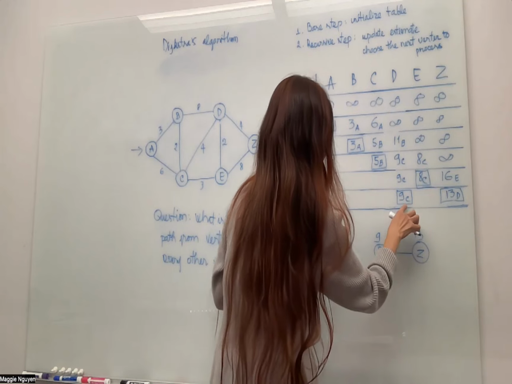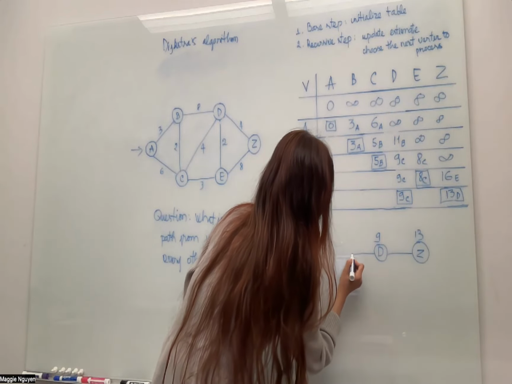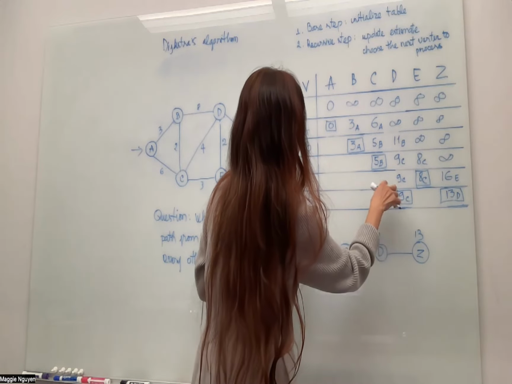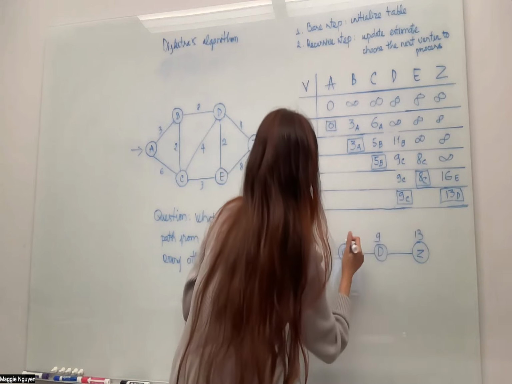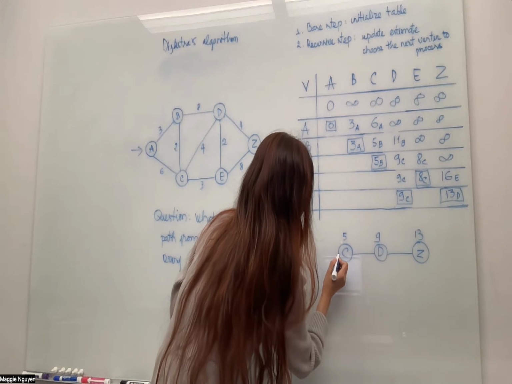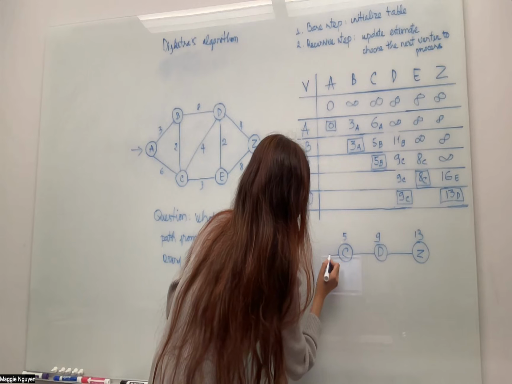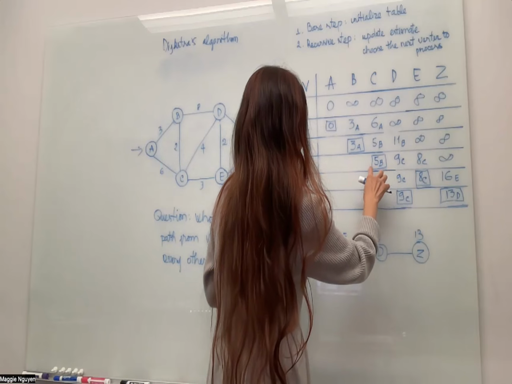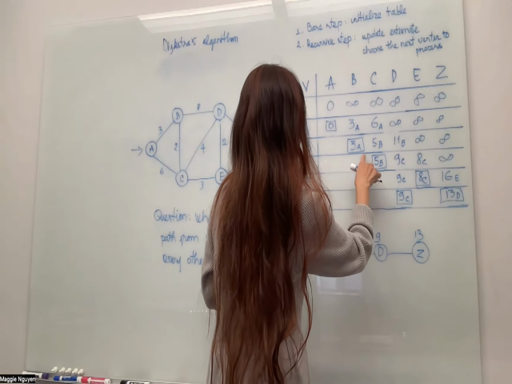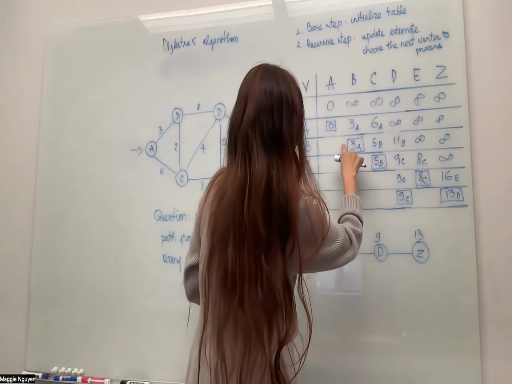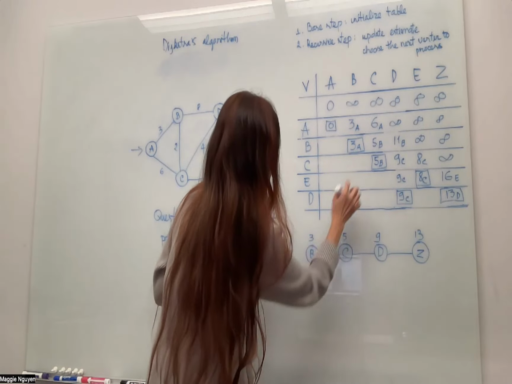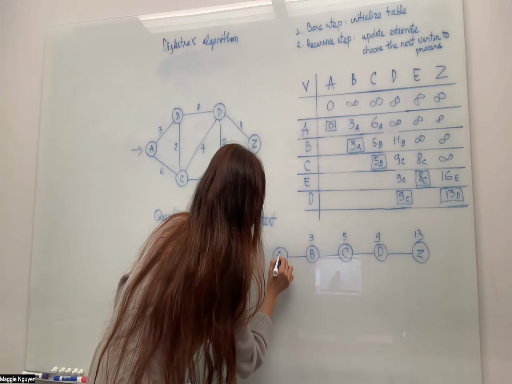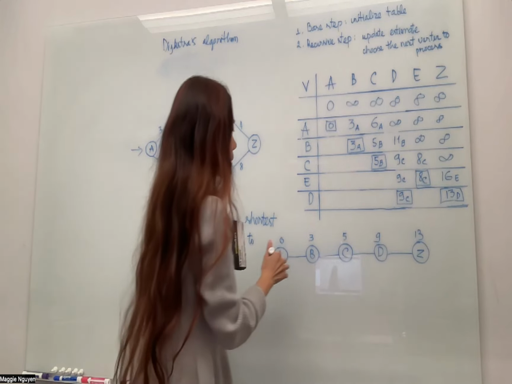We got 9 from C. C we have 5 from B. From B we have 3 from A. A we got 0.